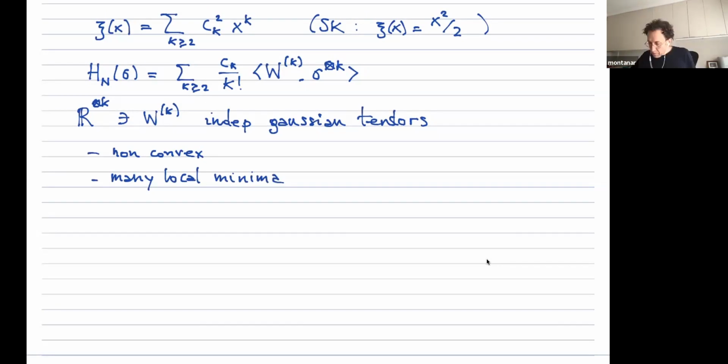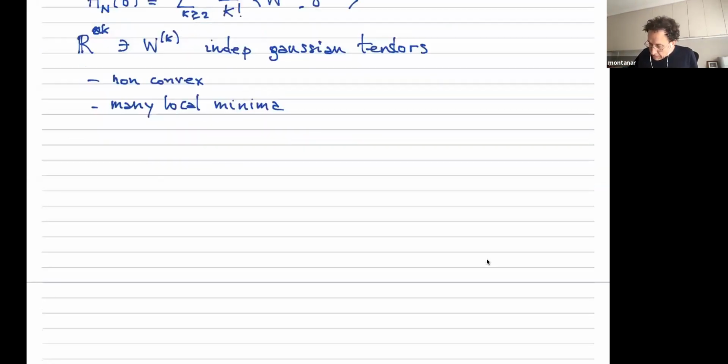What I'll be talking about in this lecture is the optimization problem, the computational problem of maximizing this energy function.